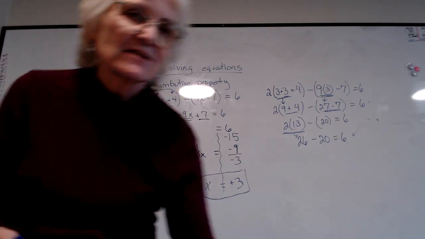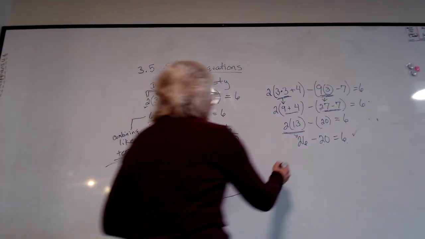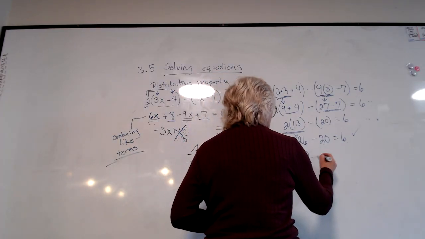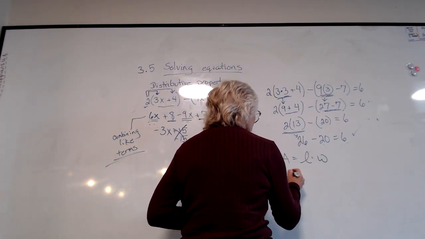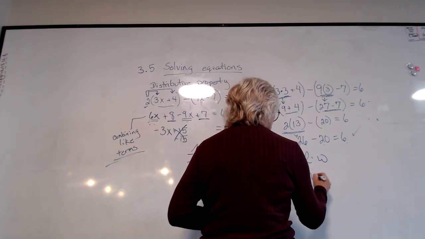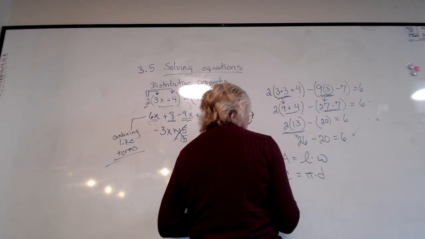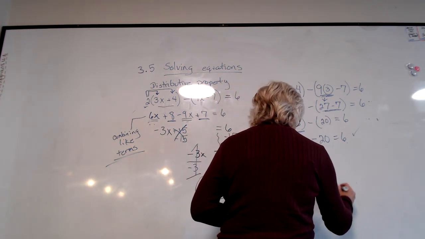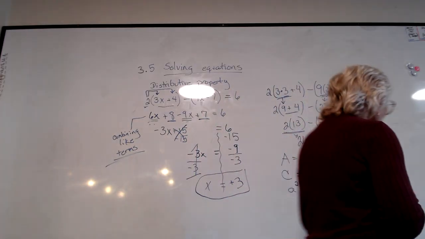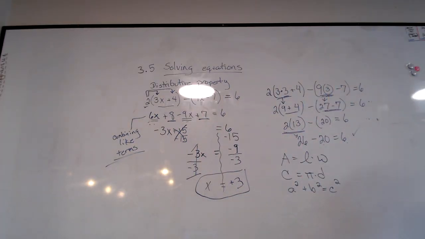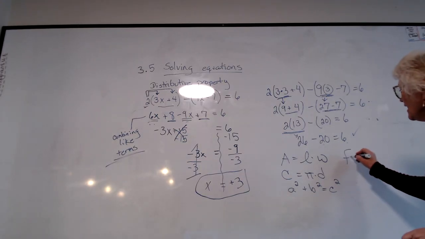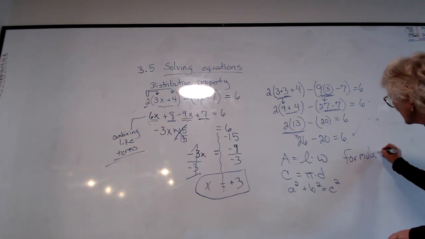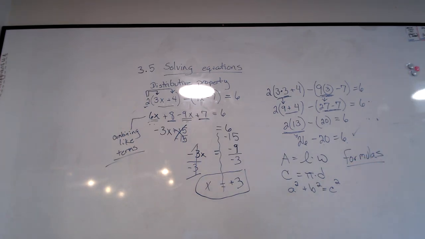Area equals length times width, and circumference equals pi times diameter. So what are all those? They're all formulas. We use a lot of formulas in our life. We probably don't call them formulas, but we do use them.